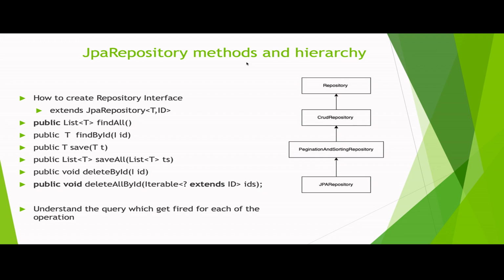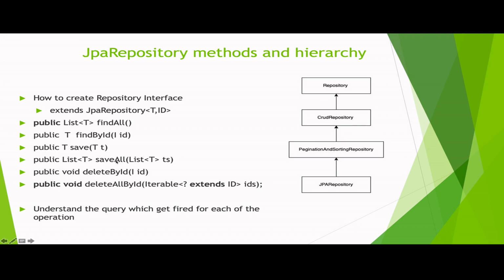Now, what are the basic methods of JPA repository? JPA repository has got a find all, which returns a list. Find by id will find by the primary key. Then it has got a save, which takes an object of the type that the JPA repository is used for, and returns the same type.